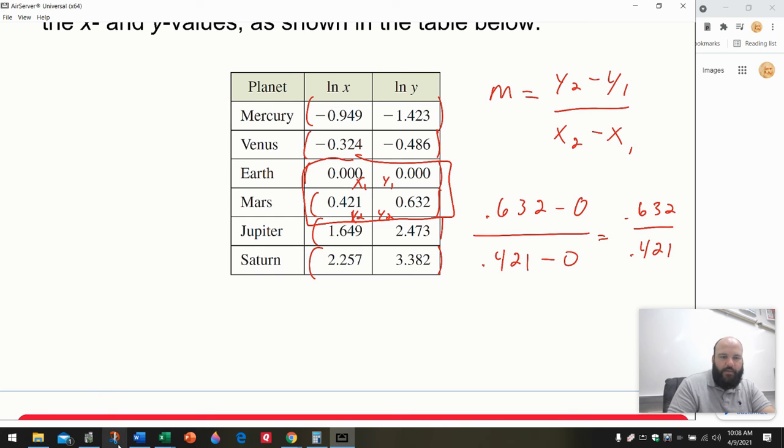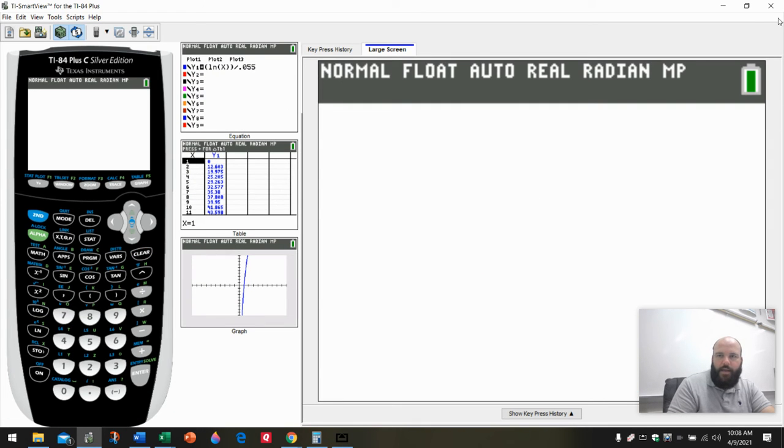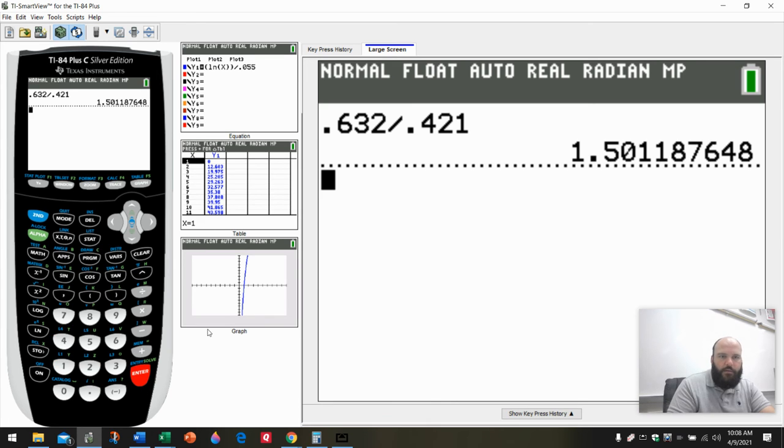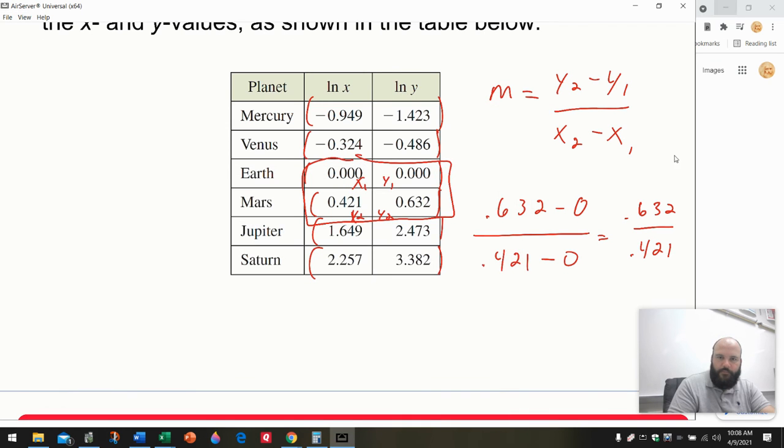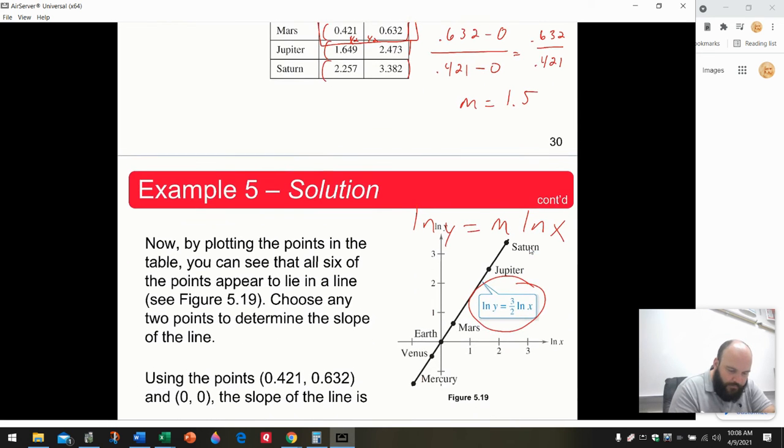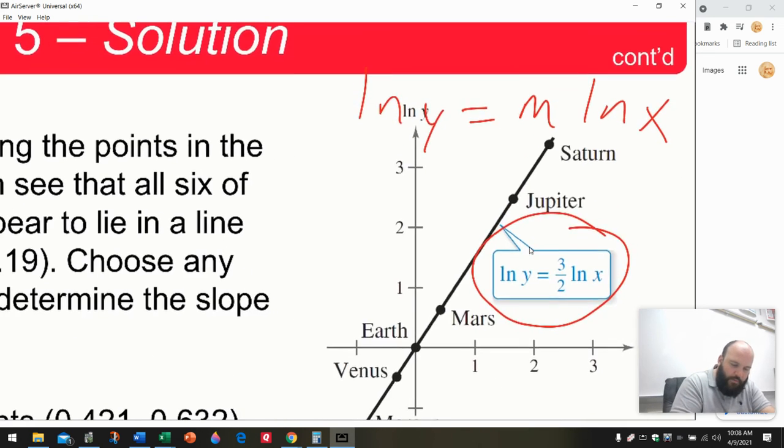Now, if I take my calculator and divide those two numbers, 0.632 divided by 0.421, you can see that we get 1.5. And if you go back down to here, they end up with the fraction 3/2, which is 1.5.